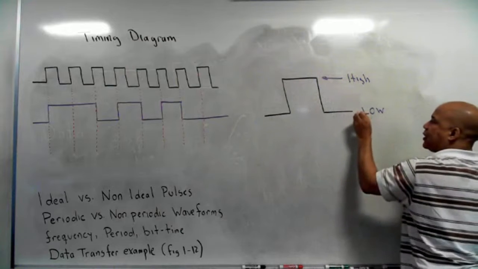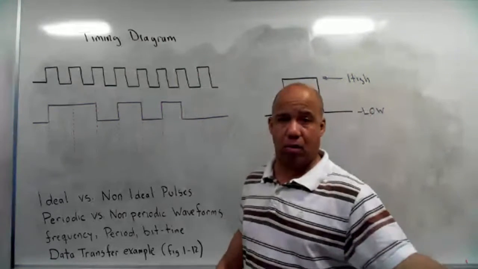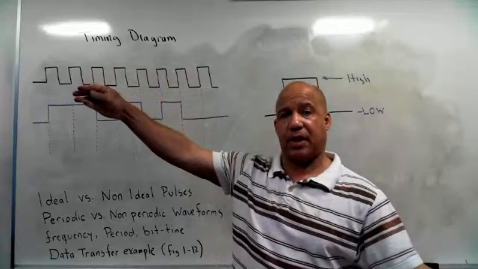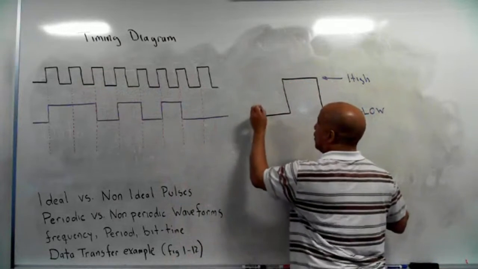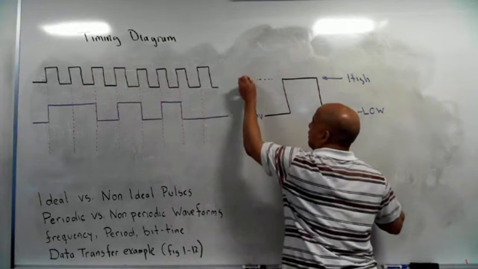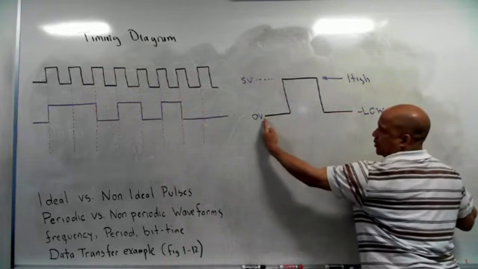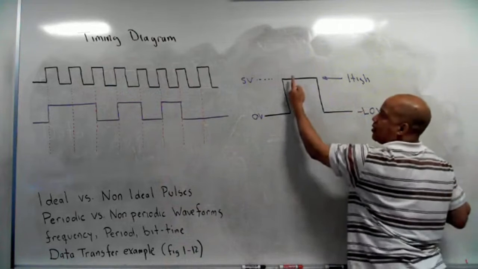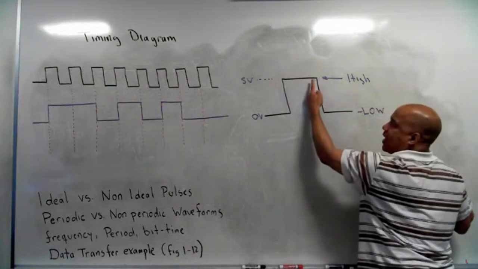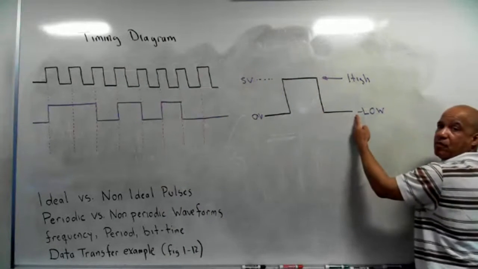Now remember, we're using 0 volts to represent a low and 5 volts to represent a high. So right here this would be 0 volts, and that's 5 volts at the very top. We have 0 volts for a certain amount of time, then it goes up to 5 volts, stays at 5 volts for a certain amount of time, then comes back down to 0 volts and stays at 0 volts.